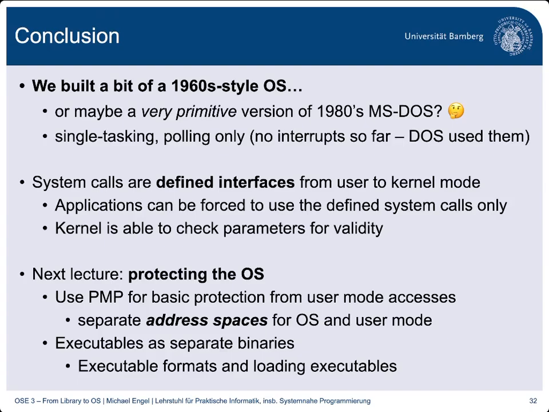In our next lecture, we'll discuss how to protect an operating system, how to use PMP for basic protection of the kernel from user mode accesses, to enable separate address spaces for OS code and user mode code, and also how we can compile our executables separately, because executables currently are just linked to our kernel. But we'll discuss this in the next exercise session, next week after I return from Rome.